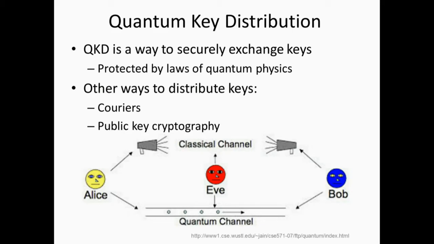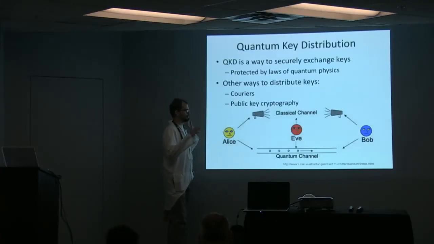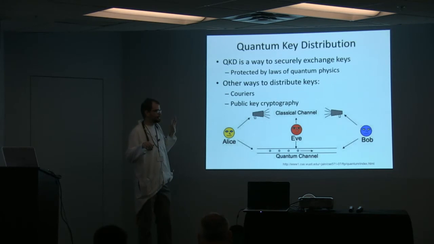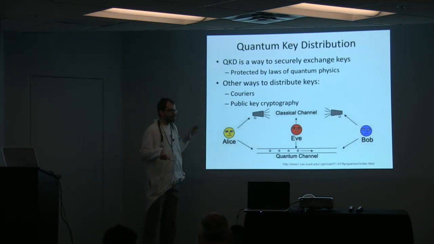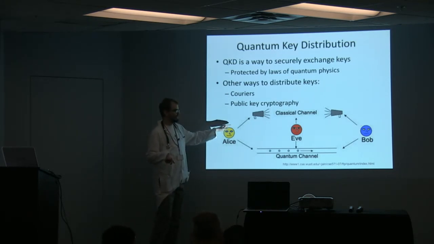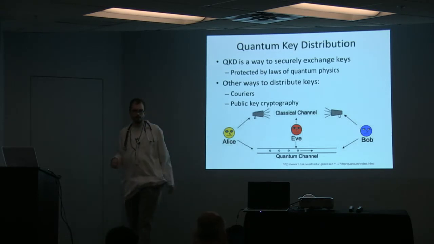It at least sounds cool, but it doesn't actually work in practice. In practice, there's a lot of things wrong with it. For instance, it uses this classical channel to exchange post-processing information. In the security model of quantum key distribution, this classical channel needs to be authenticated, but it doesn't need to actually be encrypted.